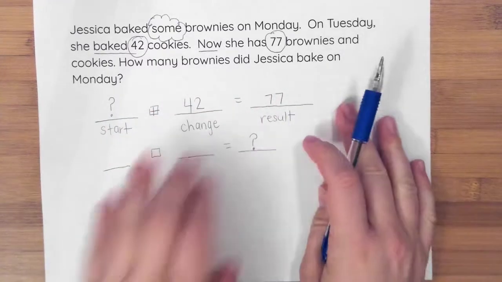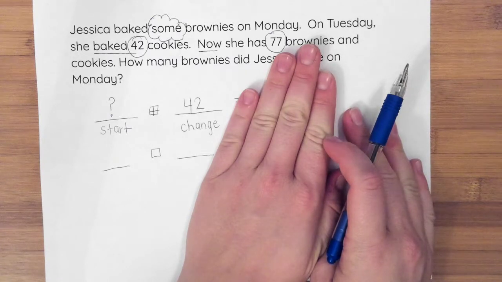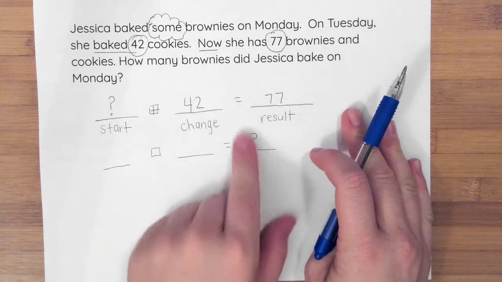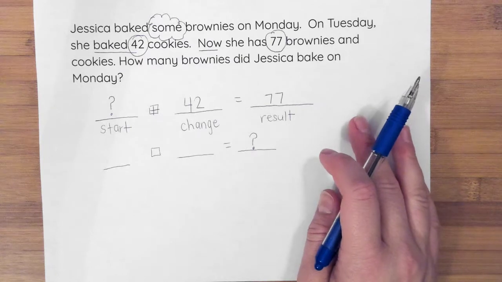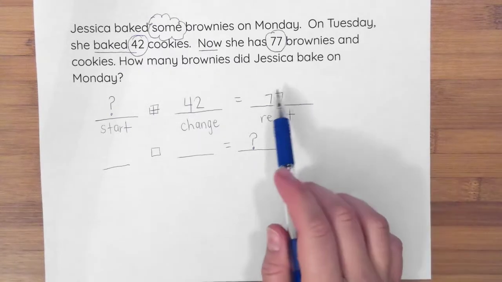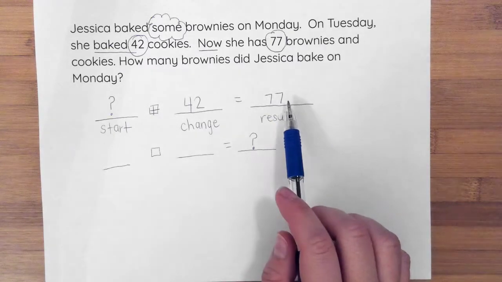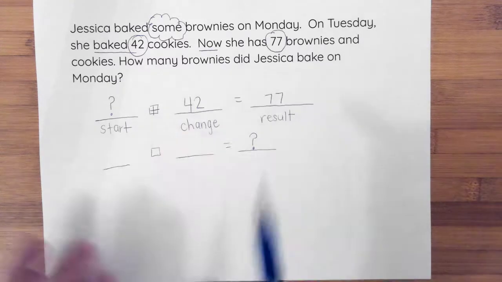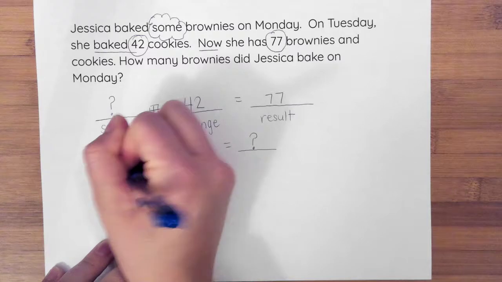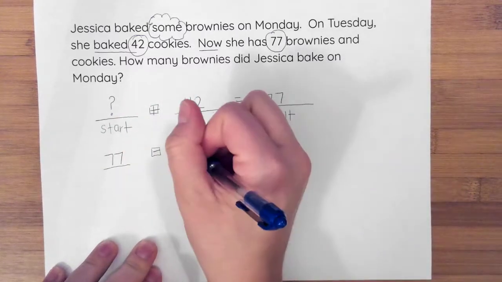Because right now, if I have question mark plus 42, I don't know what I'm adding to 42. So I need to be able to figure out what I'm going to do with this question mark. So I know that if 77 is my result, that's my greatest amount. I don't want to go any larger than that, so I'm not going to add. So I'm going to say 77 minus 42.